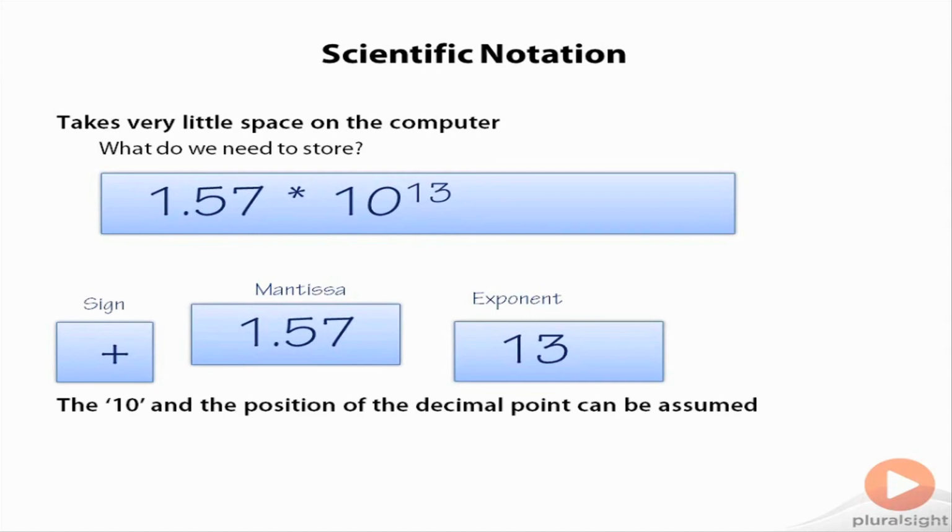Notice that you don't need to store the 10, the base, since it's presumably understood that that's the base in every number. And also, because we've agreed on a standard place to put the decimal point, after the first digit of the mantissa, you don't need to store that either. So you can see the total amount of data and the number of bits you would need to store this data is tiny compared to trying to store it in fixed point form.